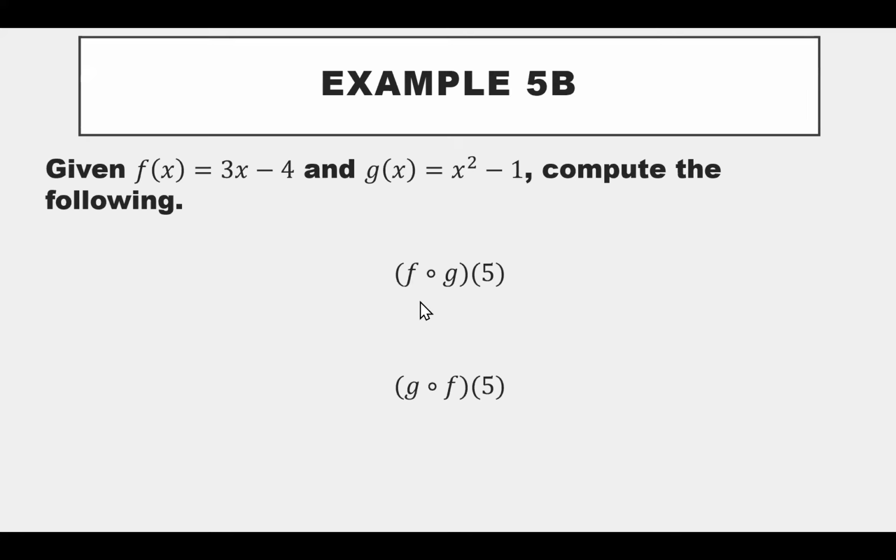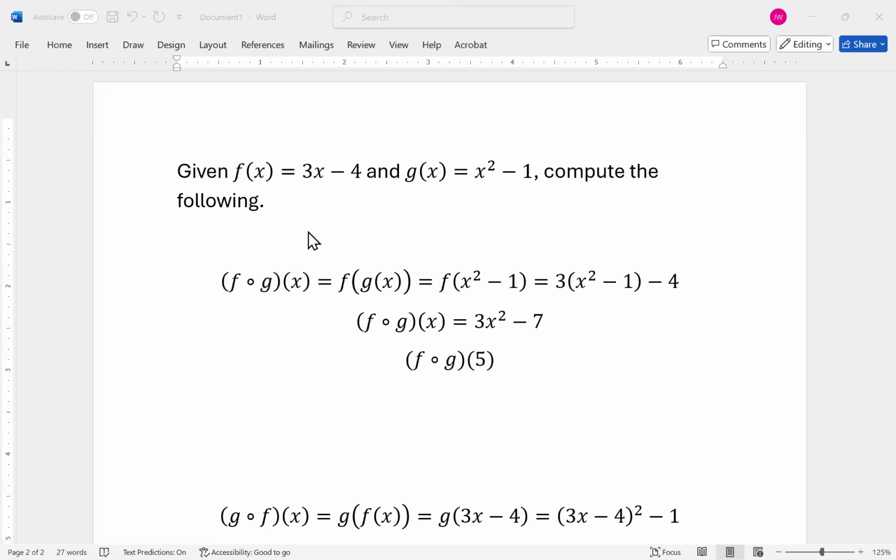Let's check out what would happen if we plugged in the number 5. We'll plug in f of g of 5 and then g of f of 5. Since we're talking about using the same f and g, one way I could do this is I could compute the composition of f of g of x.